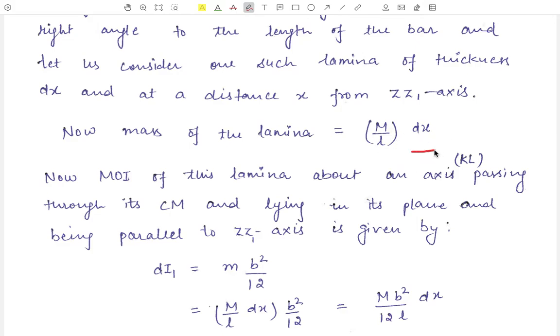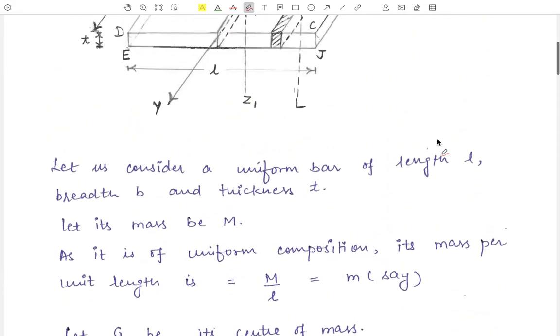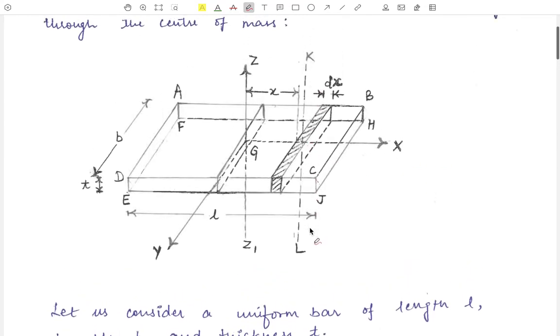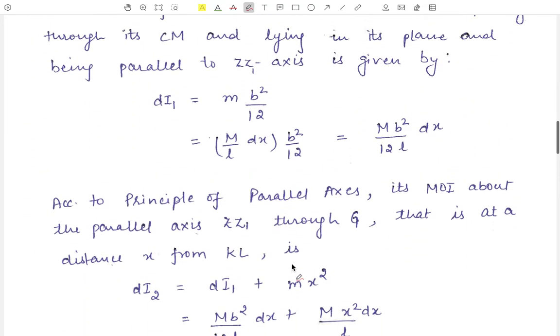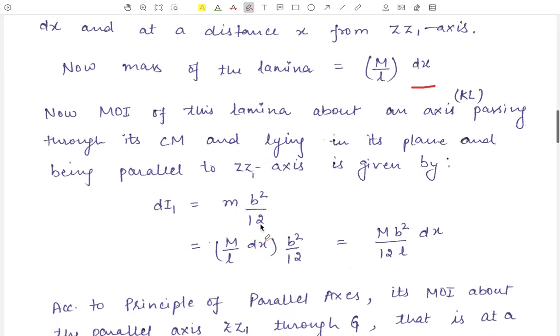Now we have to find out the moment of inertia of this thin bar or this lamina about an axis, say KL, that is passing through its center of mass here, and this KL axis is parallel to the Z1 axis and is at a distance x from this axis. Now the moment of inertia of this lamina will be equal to mb square upon 12.